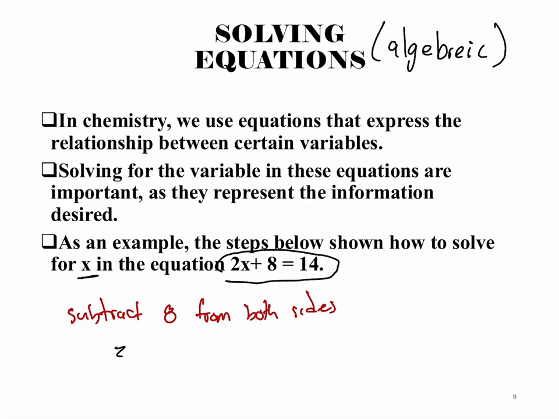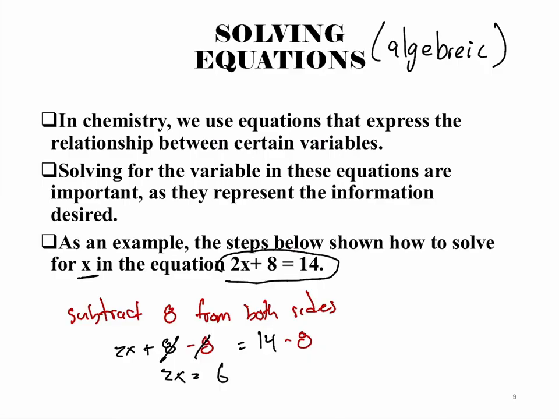And so when we do that, we get 2x plus 8 minus 8 equals 14 minus 8. The 8 minus 8 gives us 0, so that goes away on this side of the equation. That leaves us with 2x is equal to 6, right?